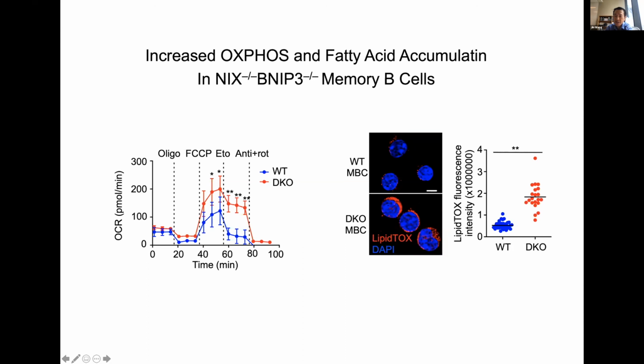If you stain them, they have very small cytosol filled with fatty acid. We joke that we call them obese memory B cells, and they don't live very long.